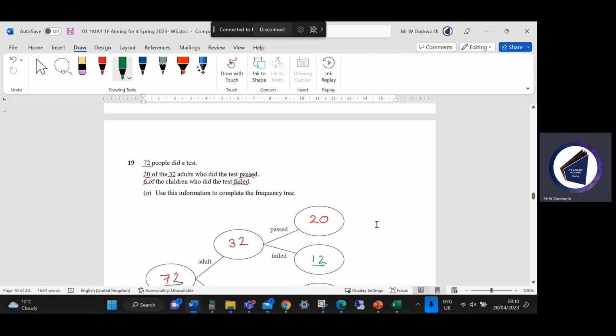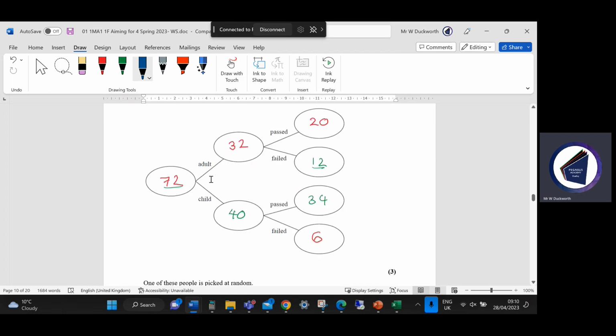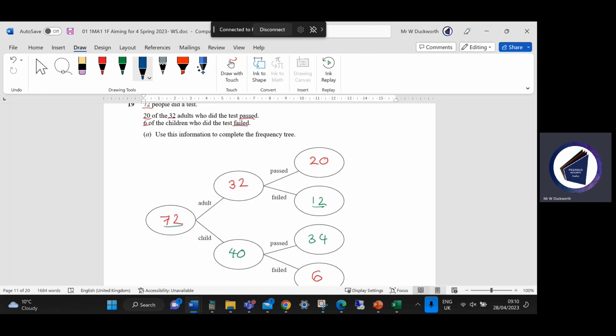Right, if we look at marks for this question, we have got quite nicely done. So for my red writing, that would be 1 mark. And then if I've got either the 40 or the 12, that's an extra mark.